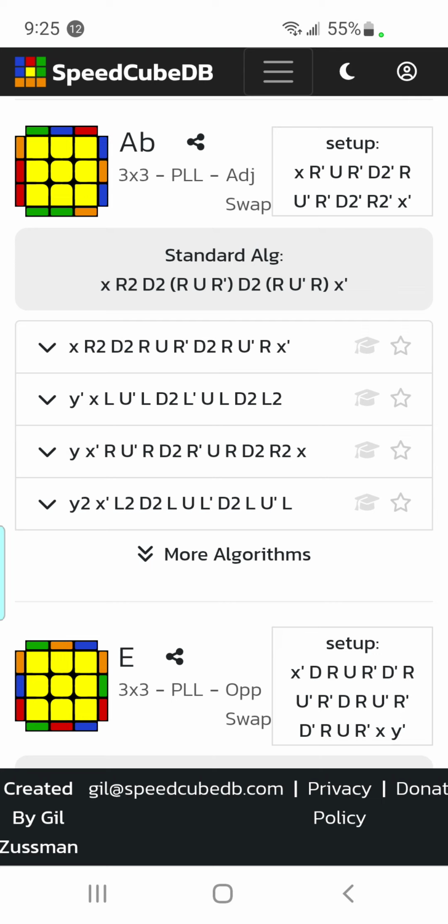So X, R2, D2, R, U, R prime, D2, R, U prime, R, X prime. Also, if you're wondering what X prime means, you should rotate back up to the starting face. In this case, for me, which was green.